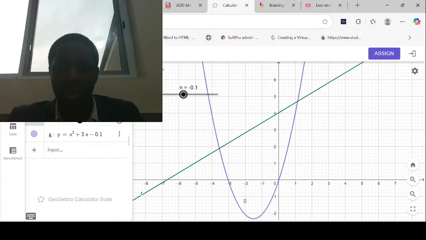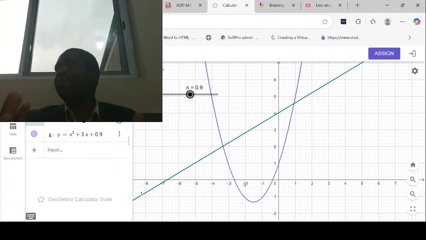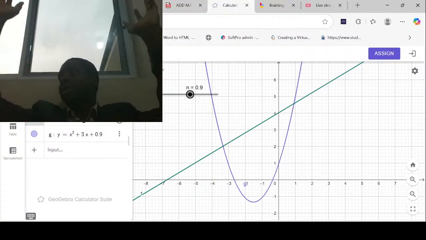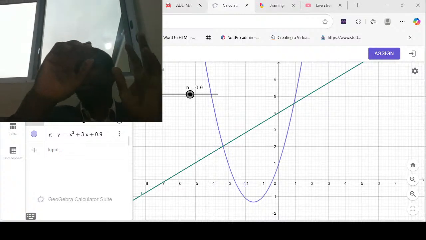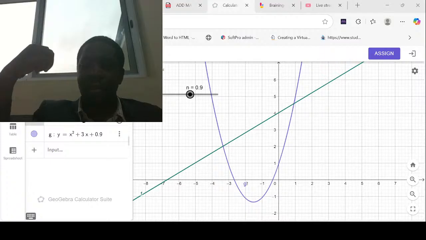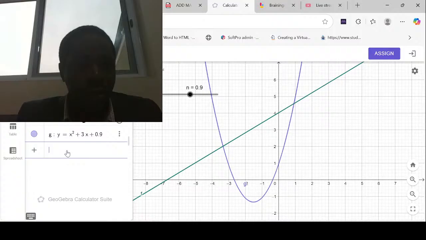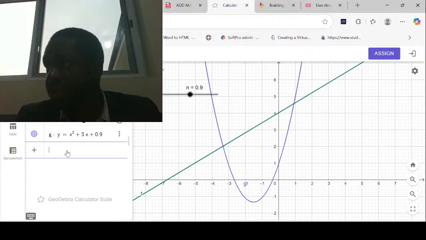Depending on the slider I pick, that is the variable that is changing. But we are using n and m as different, even though we know they are the same, because we don't want it to be picking the value there and putting it back. So now what we are going to do next is to equate the two functions.